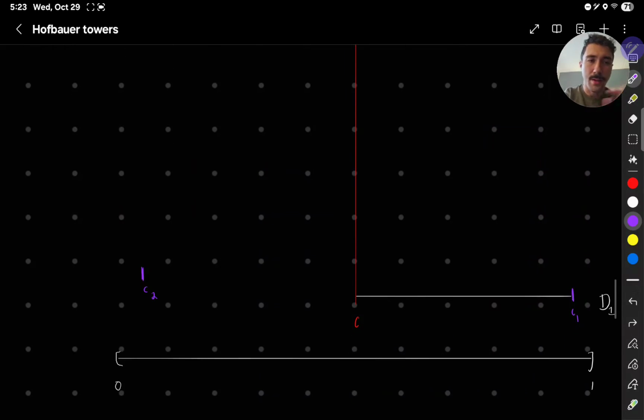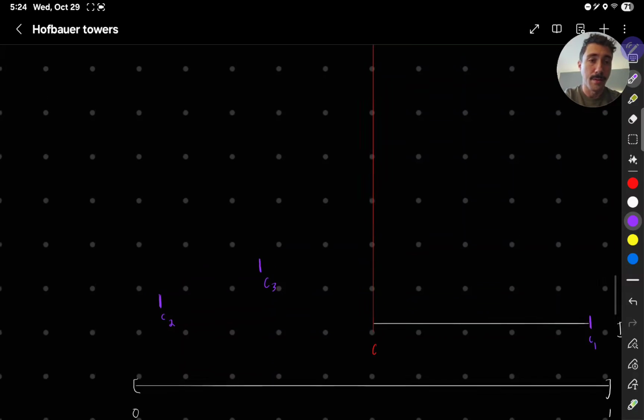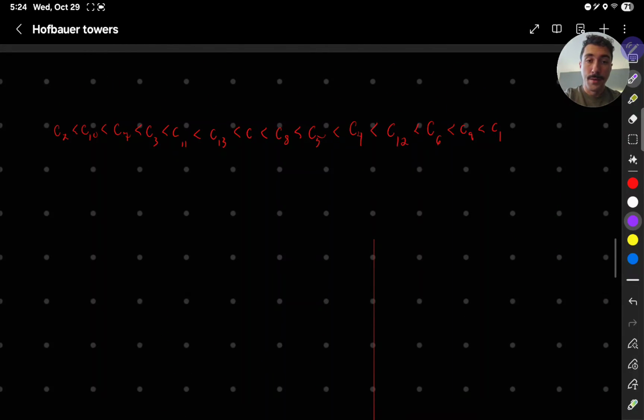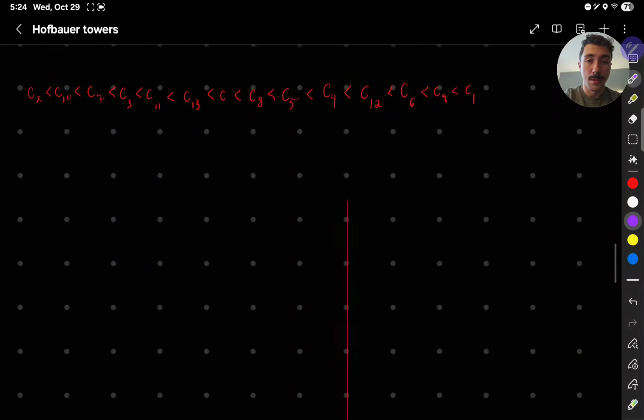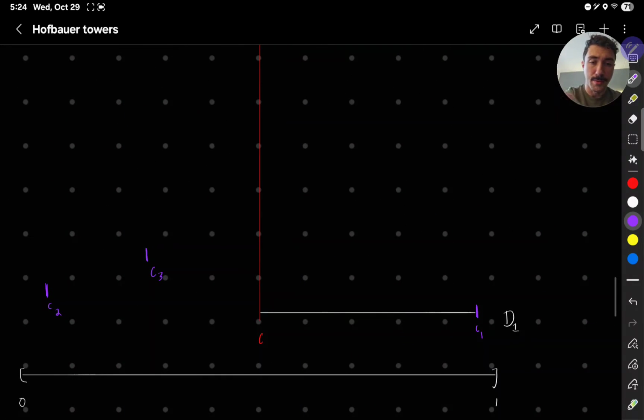It doesn't matter where exactly it is. You can draw it accurately and you'll be able to talk about some things that you wouldn't be able to otherwise, but I'm just going to draw it roughly where the ordering suggests it should be, so the points are nicely spaced. C3's there. C4, that's between C and C1, almost exactly, just a little bit to the left of the midpoint between those two. So C4.